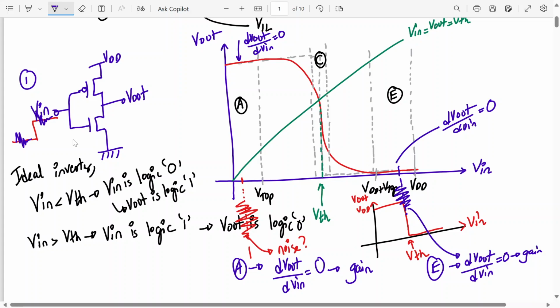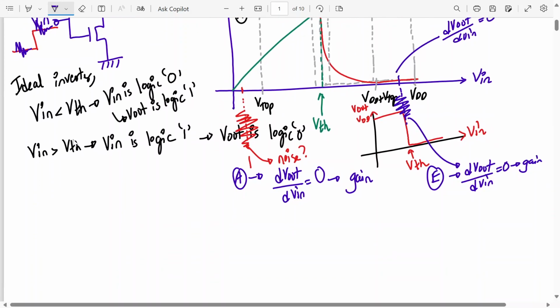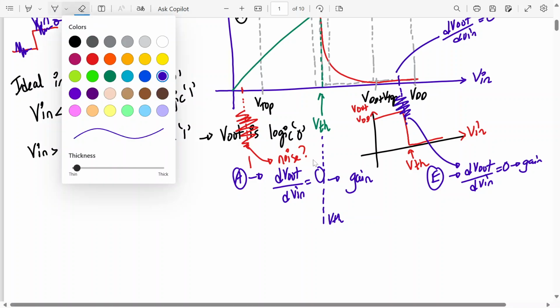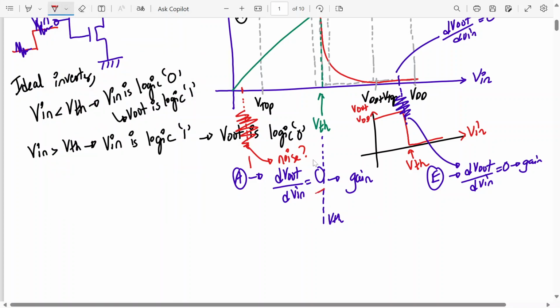If the noise comes and affects region number C, what will happen? Or what should happen? And this is region C, VTH. Let's say if noise comes and enters the system, what will happen now? Will the noise get amplified?